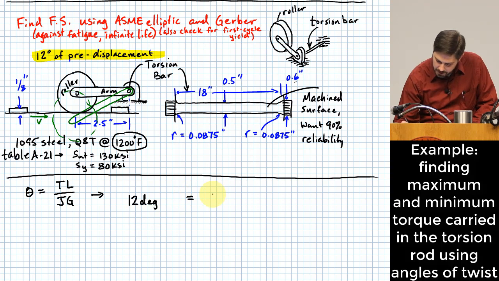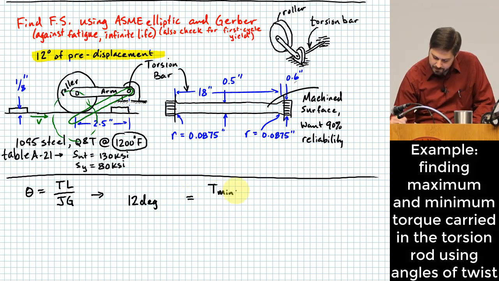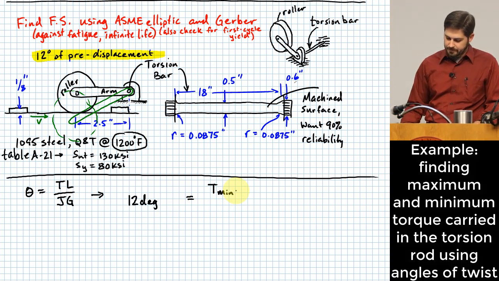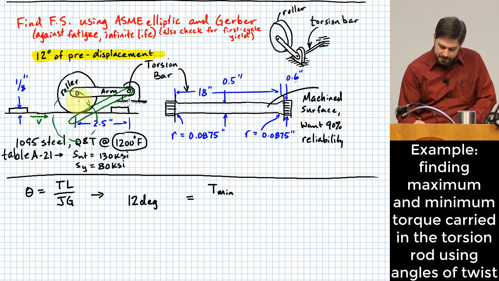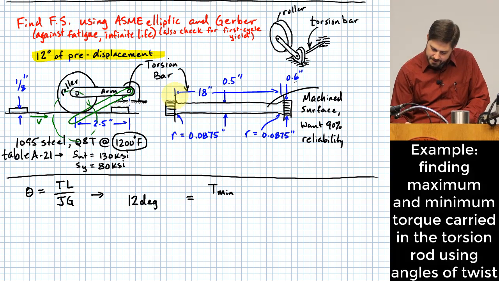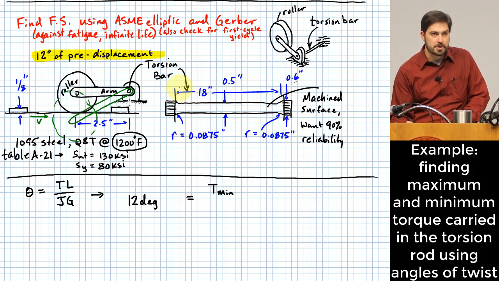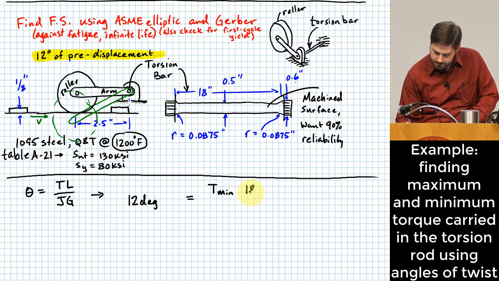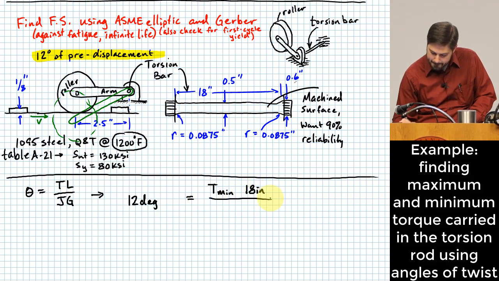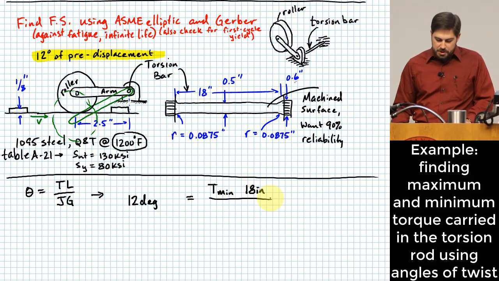And this is going to be equal to T, and this is actually T min, times L. What's L? It's the length of this torsion rod, which is 18 inches, over JG.